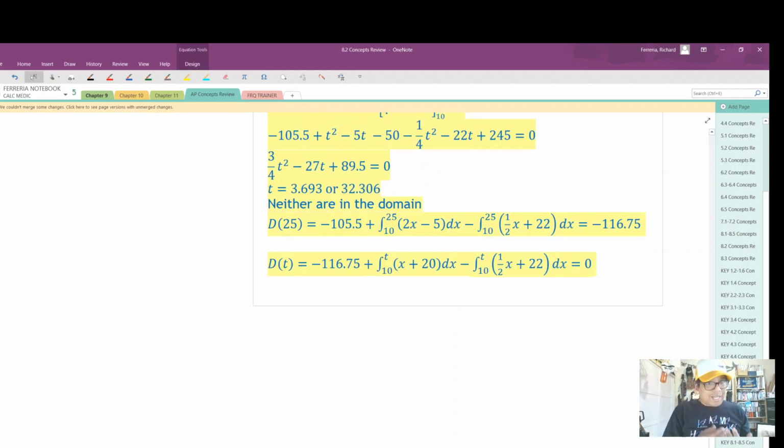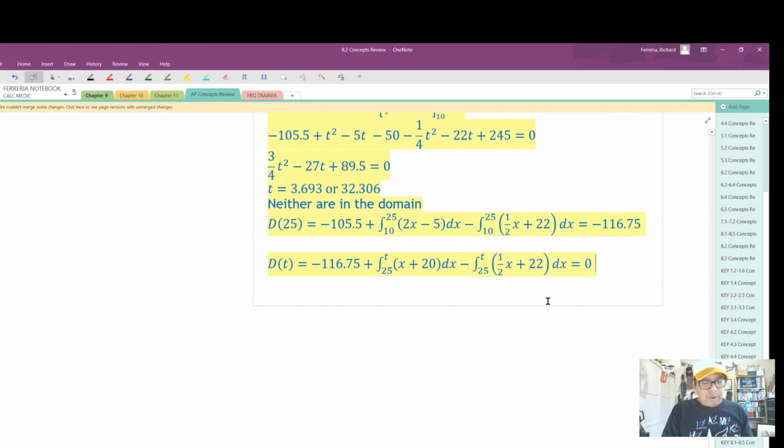Now we're continuing that same line of thought. We have our new deficit function: negative 116 plus 75, which is the deficit at t equals 25, plus the integral from 25 to t of our r function minus the integral from 25 to t of our e function. I see that was wrong before; that should be from 25 to t.